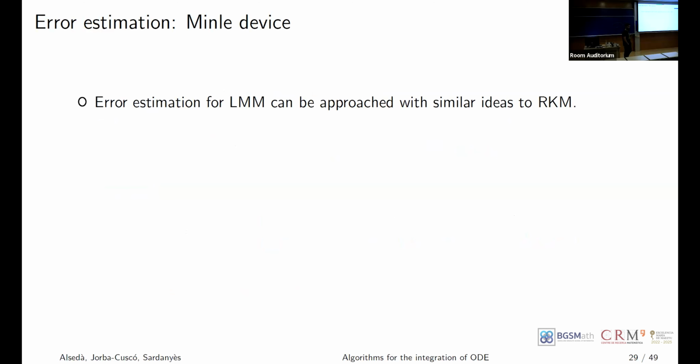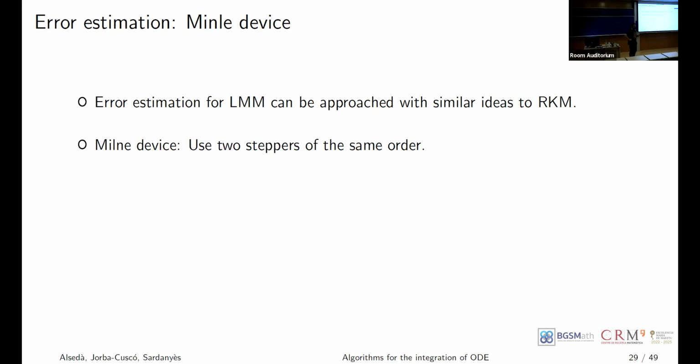This is called Milne's device. The word device to refer to a step size control should warn you already. And the ideas are practically the same. You use a couple of methods, one of order p and the other one of order p plus 1 or whatever.